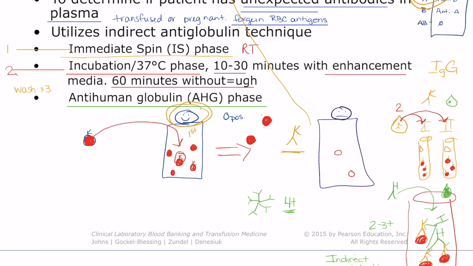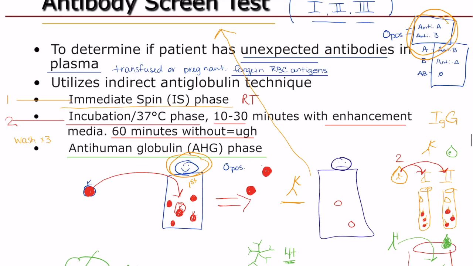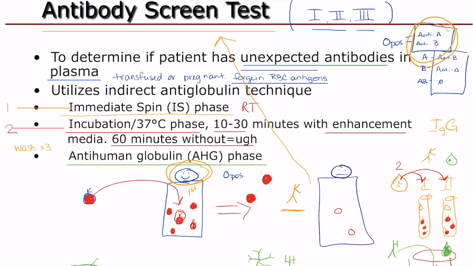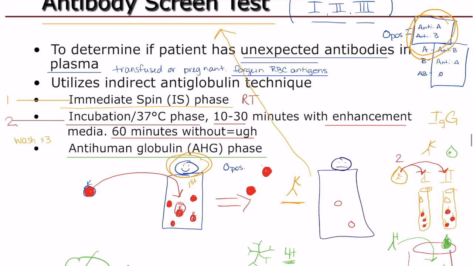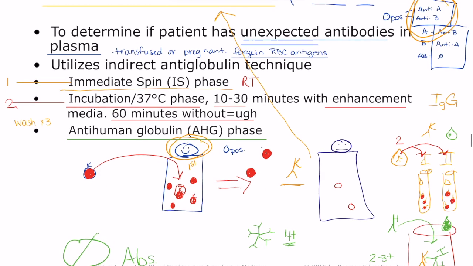And remember, our goal is no antibodies. We don't want to find antibodies, but we can, and it happens, not a lot, but you will find some. So that's our antibody screening test.